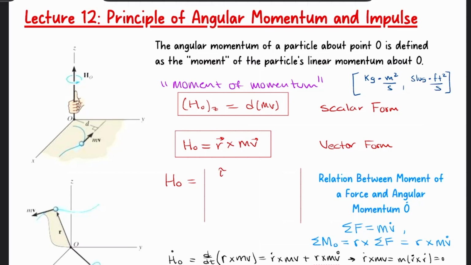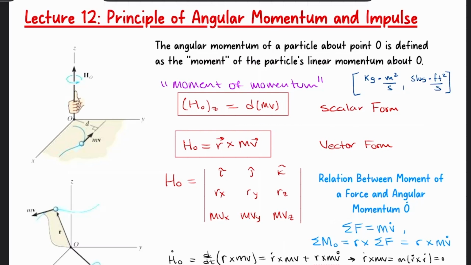So we are going to do the cross product in i, j, and k, for a three-axis case, where we have the position in x, the position in y, the position in z, and here we have the mass times velocity in x, mass times velocity in y, and mass times velocity in z.